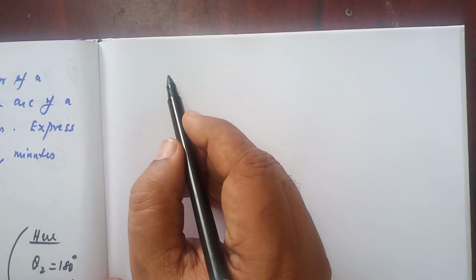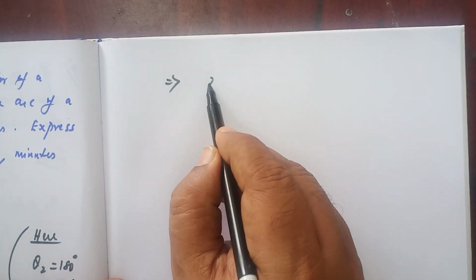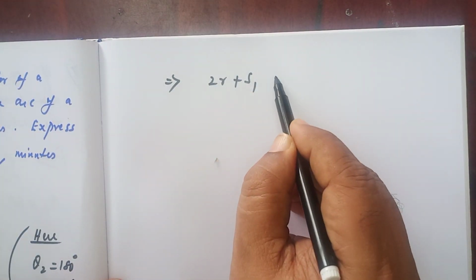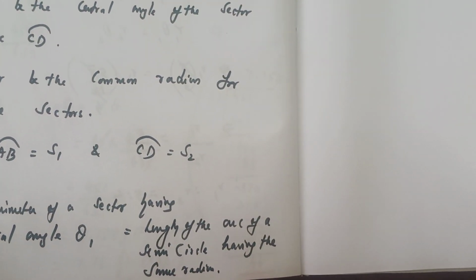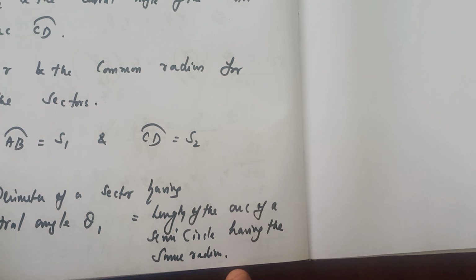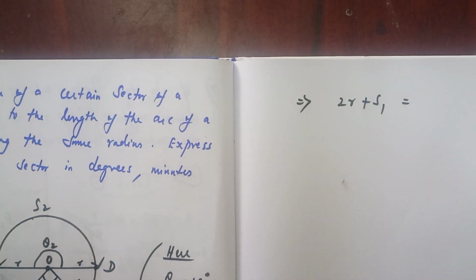Which implies 2R plus S1 is equal to the length of the arc of the semicircle having the same radius, that means S2.